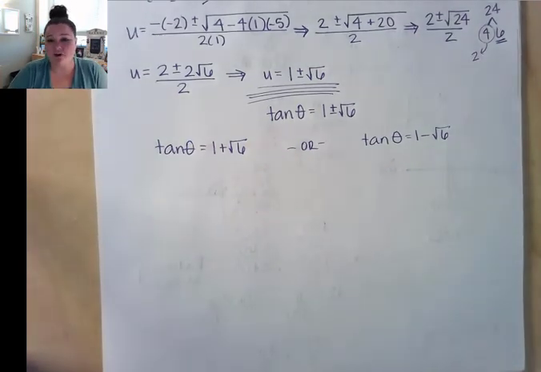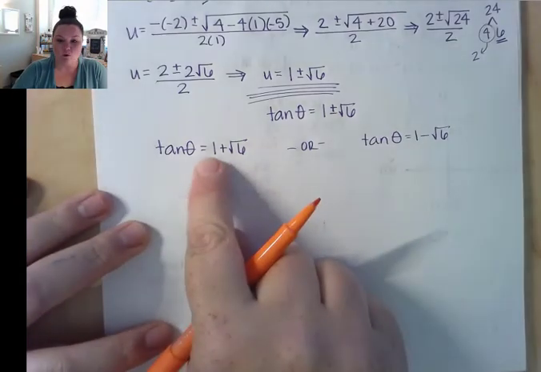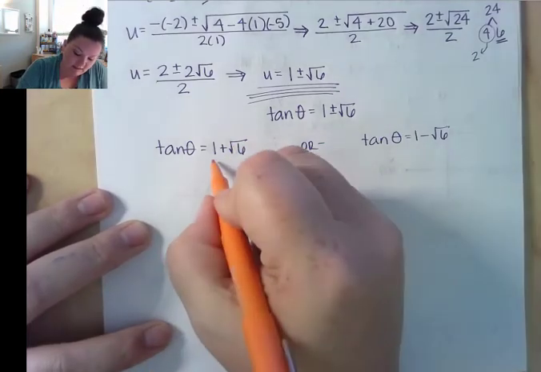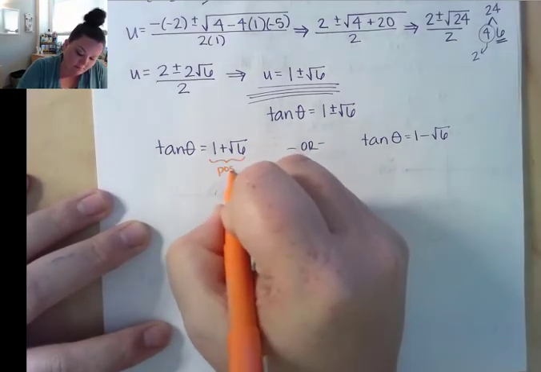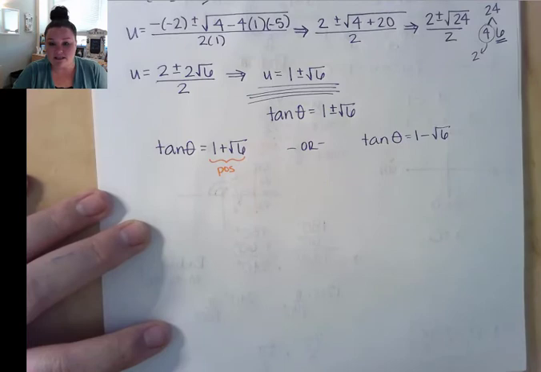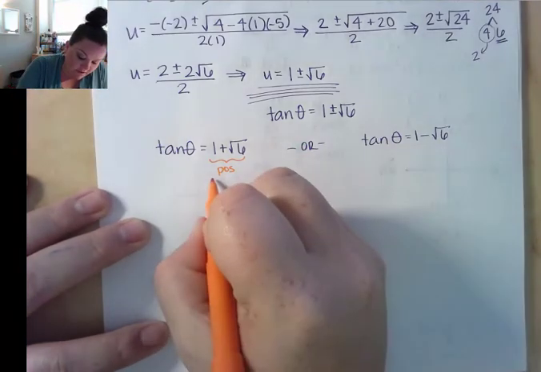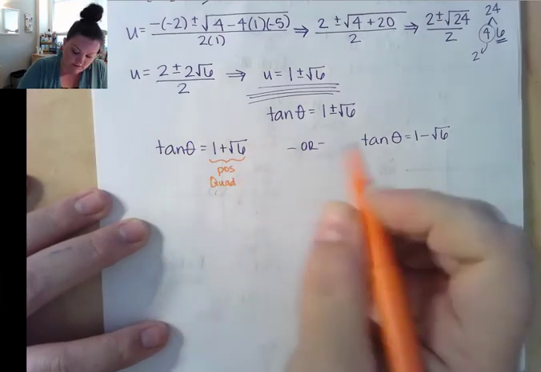The first thing I need to know is whether my tangent is positive or negative. If I take 1 plus the square root of 6, this is going to end up being a positive number, right? And if it's positive, a positive tangent value falls within what quadrants?